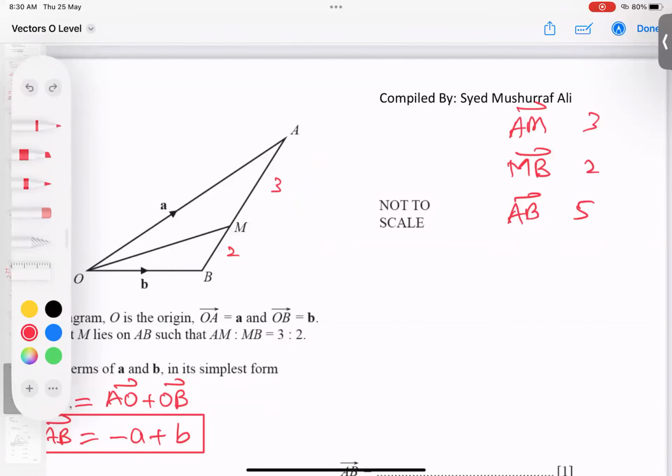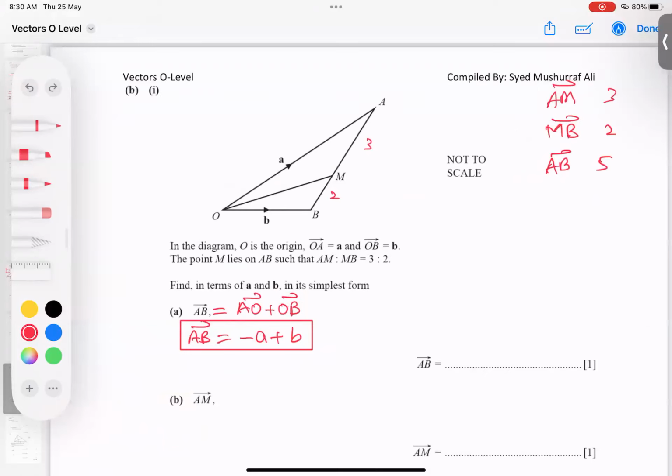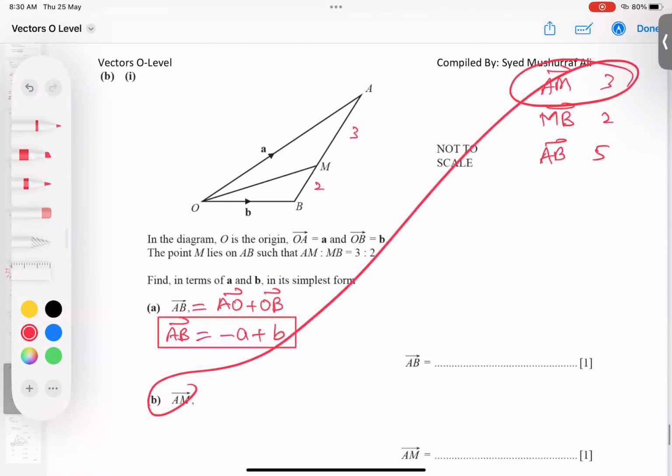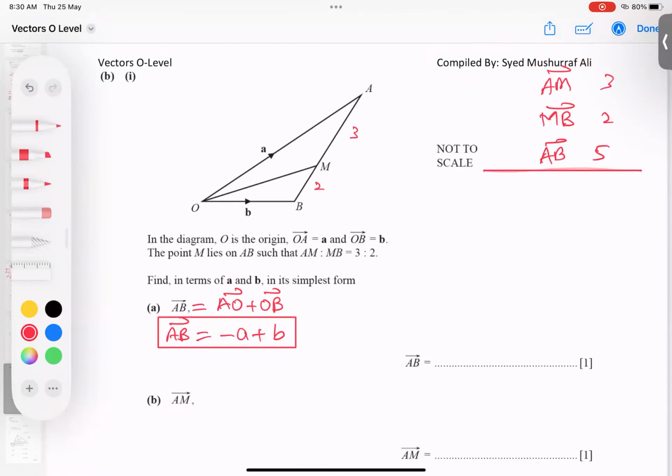So 3 vectors we have. And naturally, I will use AM, as that is my target. So I'm finding here V for vector, R for ratio. I will write AM vector equals 3, but 1 is unknown. Second vector must be known, given. MB is unknown even, so I will not use this. I will use the top one and the bottom one.